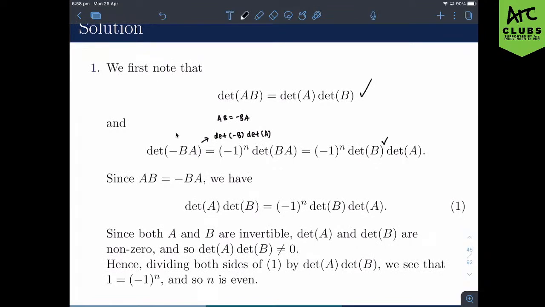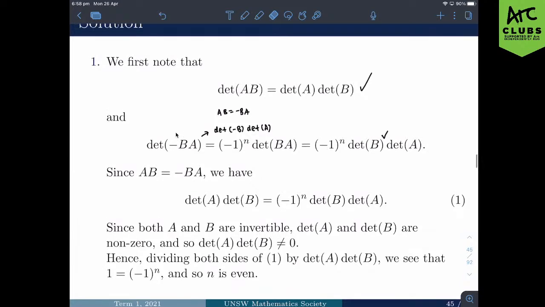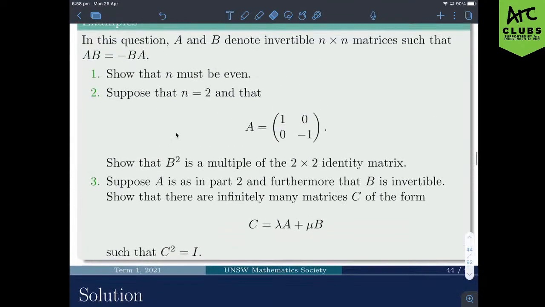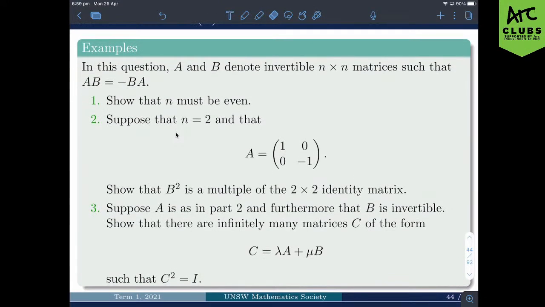So, using the property that AB equals minus BA, we see that the determinant of A times the determinant of B is equal to minus 1 to the power of n times the determinant of B times the determinant of A, which is nice.